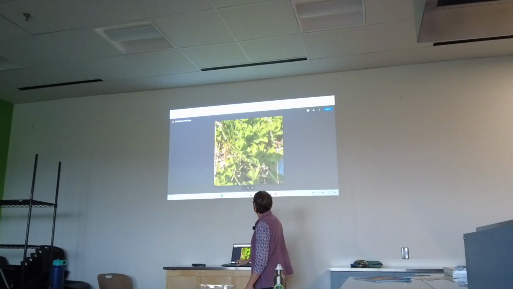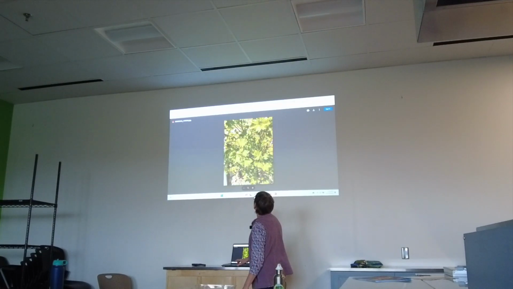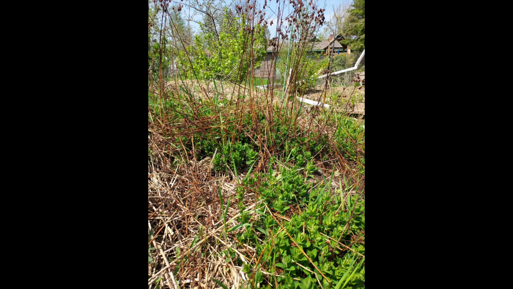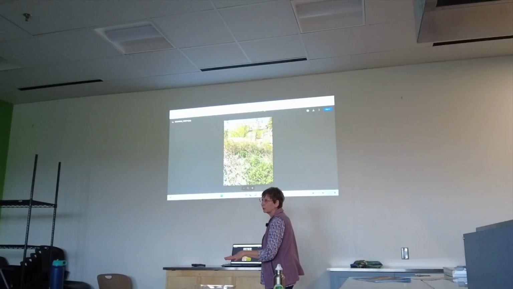Let's see. It took me a while to get it. Where is it? There. So those little plants were that big, and so the stalks there are probably like so. It can get taller if it's liking where it's growing. I've picked it out where it's waist high.